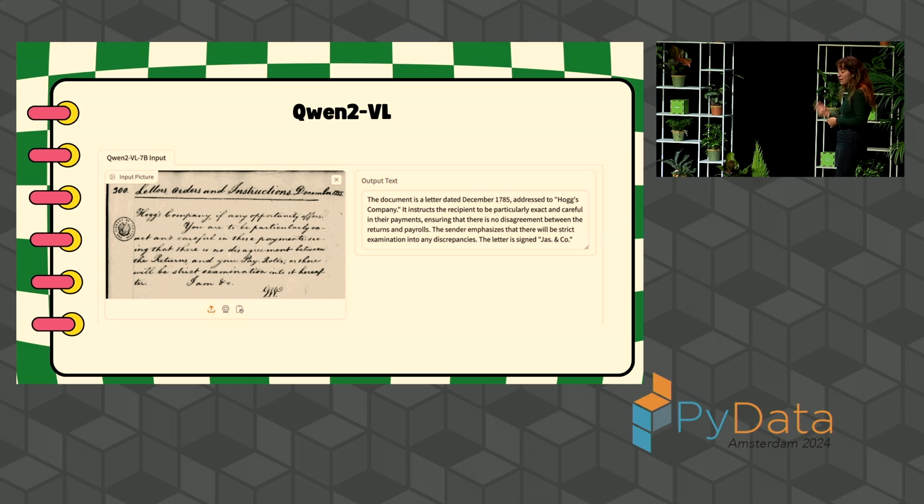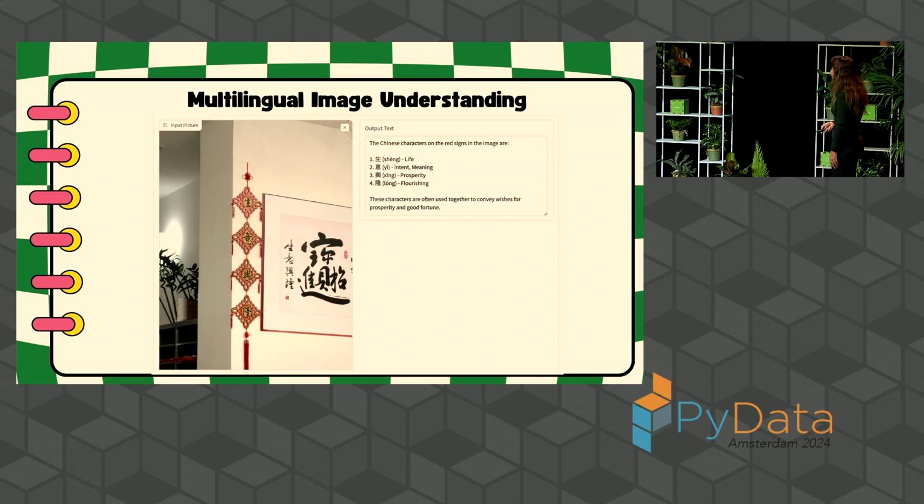Qwen2-VL is my favorite model these days. It was released by Alibaba. It has amazing properties. It just understands very well. As you can see, this OCR, I couldn't even read this, and it was able to explain what this is about to me. And it understands multiple languages, even Icelandic, which I have no idea about, and it was able to understand the Chinese.